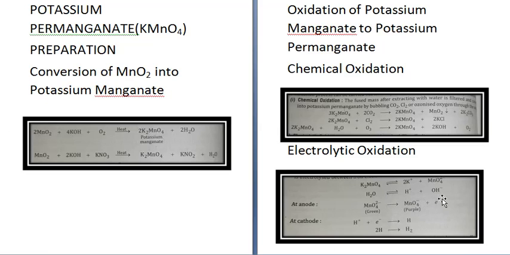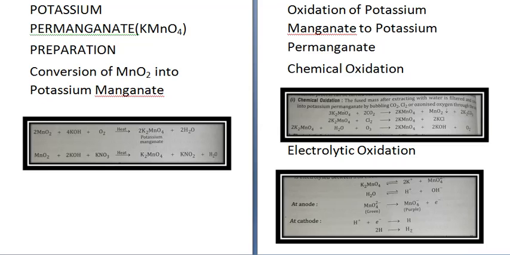At the anode, the green colored MnO4 2 minus gets converted to purple colored MnO4 minus plus an electron, and at the cathode this electron is accepted by H plus ion to give H, and 2H combine to give H2. At the end of the reaction, the solution is filtered and evaporated under controlled conditions to get crystals of potassium permanganate.